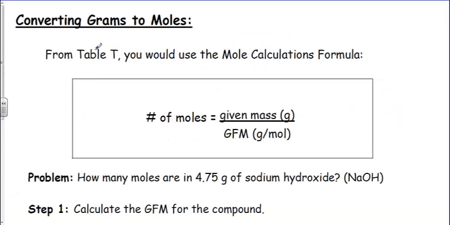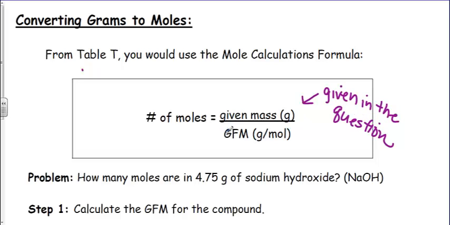So converting grams to moles. There's not a lot of notes to take for this lesson, but more of me explaining things to you and then doing a lot of practice problems. So from table T, you're going to use the mole calculations formula. Number of moles is equal to the given mass, which would be the mass given in the question, or in the equation, divided by the GFM, and this is going to be in grams per mole.